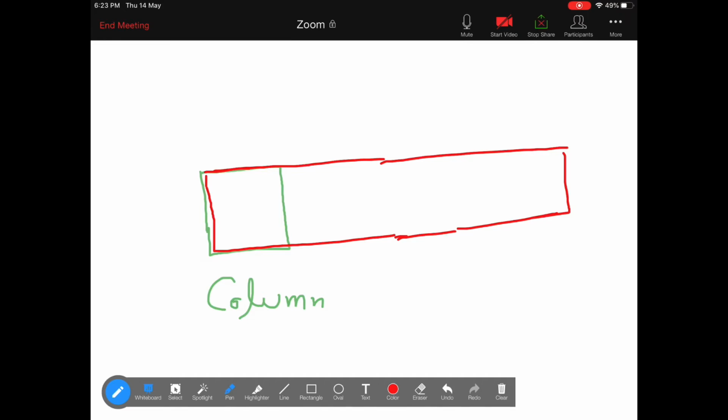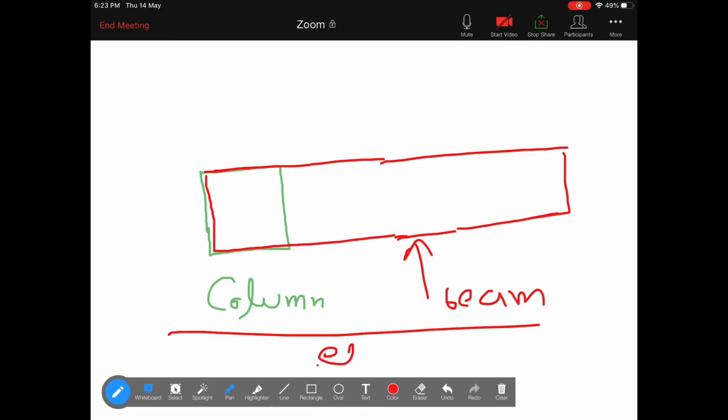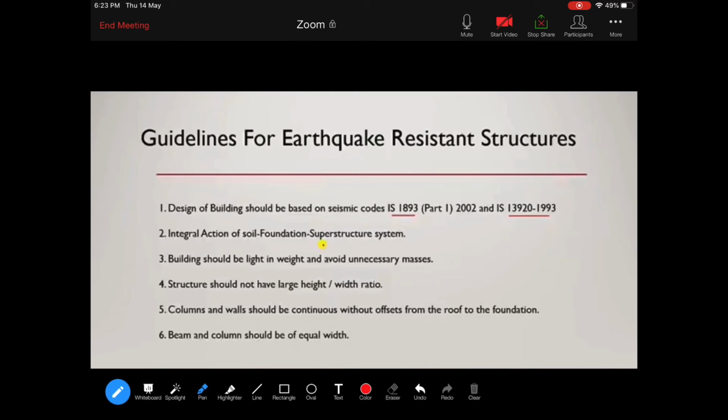So the cross section is the same here. It is important for transferring the load, because both of them are structural members and play an important role for the structure.